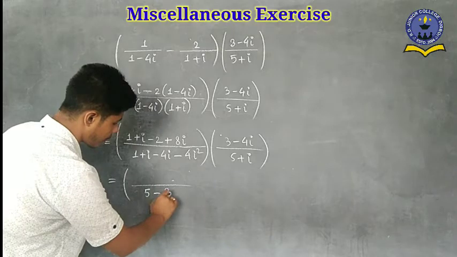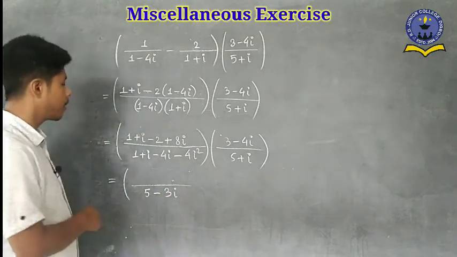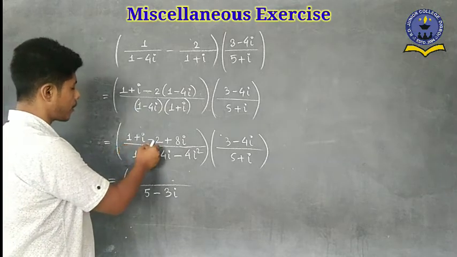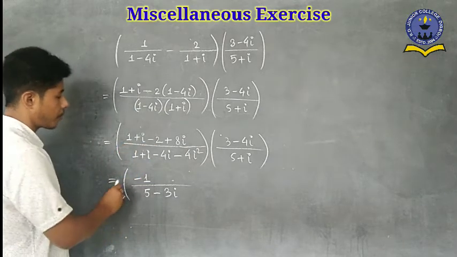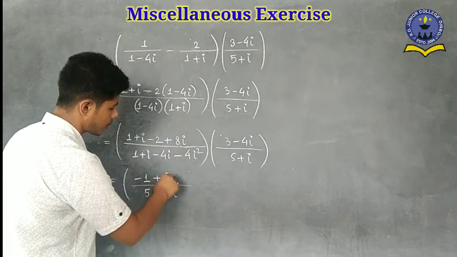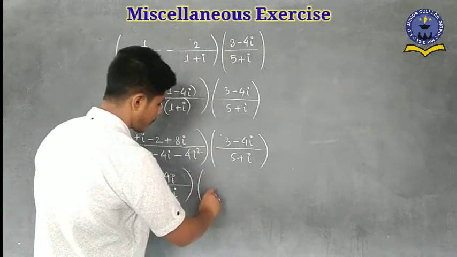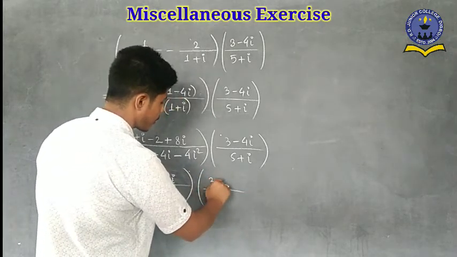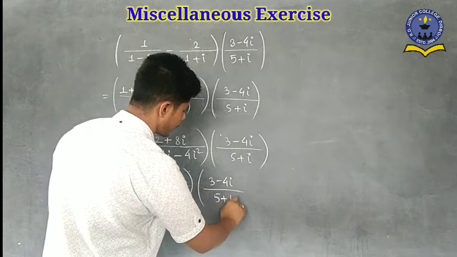So we write here minus thrice i. I think all of you understood this one. Similarly, in the numerator part, 1 minus 2, that means we get minus 1. So we write minus 1, i plus 8i, that means plus 9i. Is it clear? And the second part remains the same here, which we write: 3 minus 4i divided by 5 plus i.